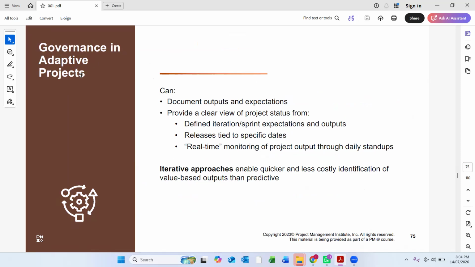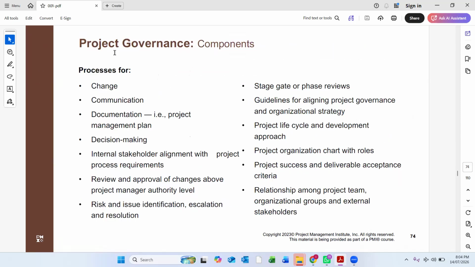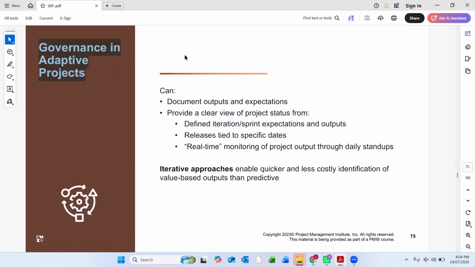Governance in adaptive projects. Again, we are discussing agile. The previous slide is specifically for the plan-based approach. The second slide is for the agile, the adaptive projects, where there are iterations. In an adaptive environment, there should be documented outputs and expectations.